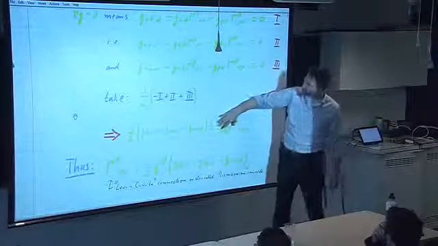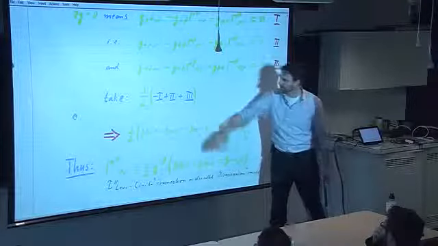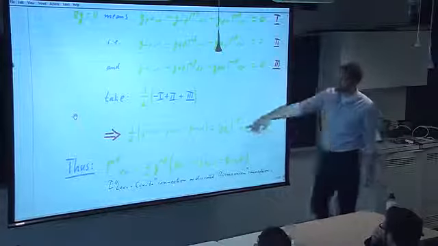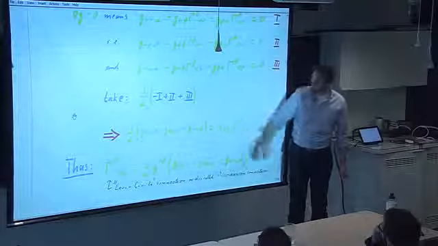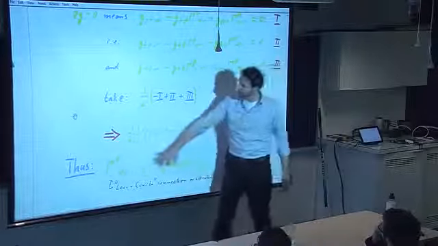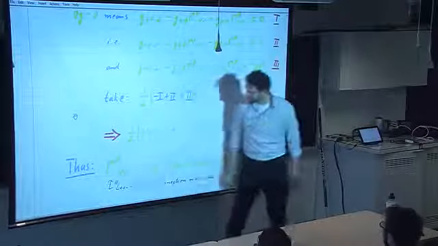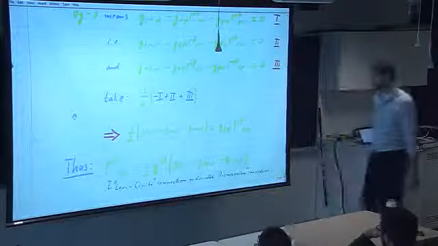We can shuffle that metric tensor on this side as well, simply because we know it's non-degenerate. There is an inverse to that matrix. And so we now obtain the Levi-Civita connection in terms of the metric.